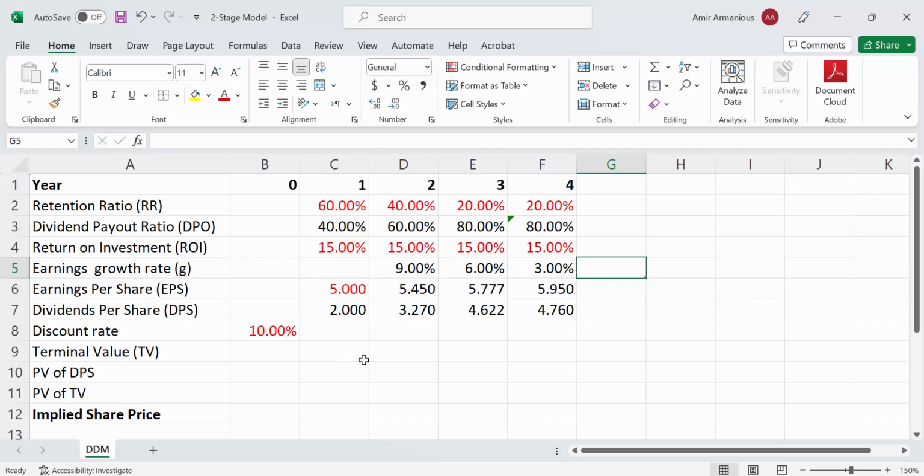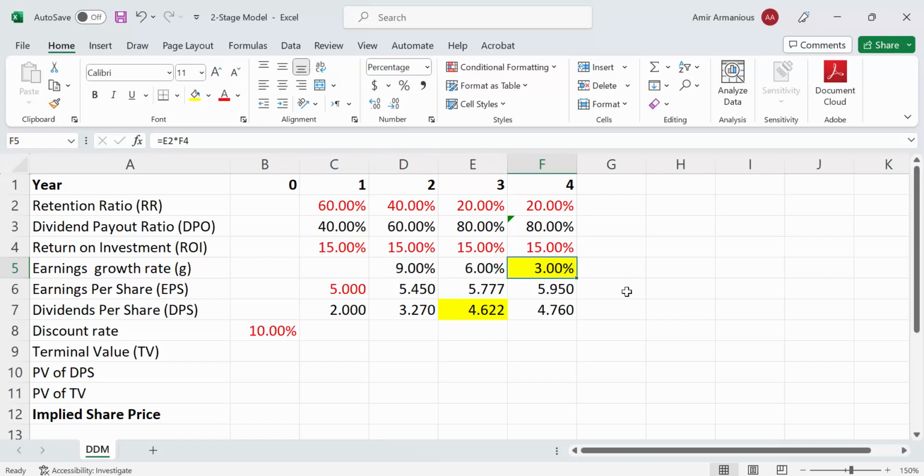Therefore, what will be our terminal value? The dividend in year 3 is 4.622, and the growth rate will be 3%, which is our long-run growth rate, or perpetual growth rate.